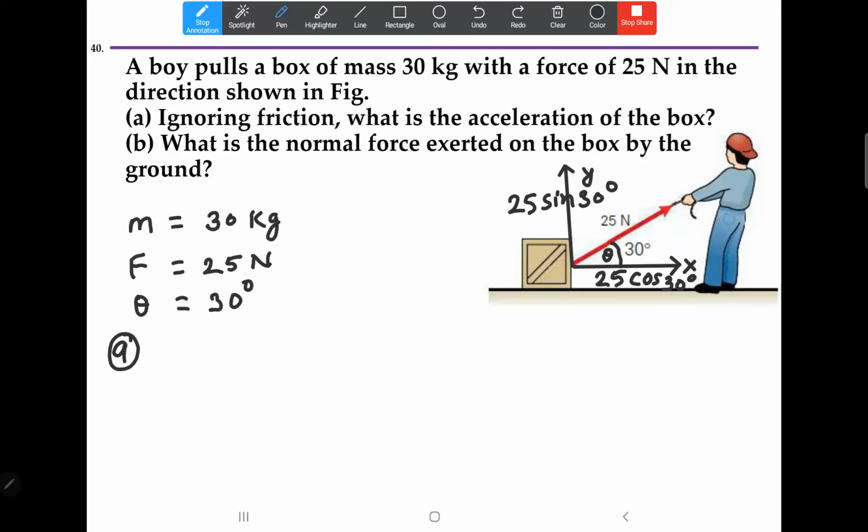But this is absent right now. The question said to ignore friction.